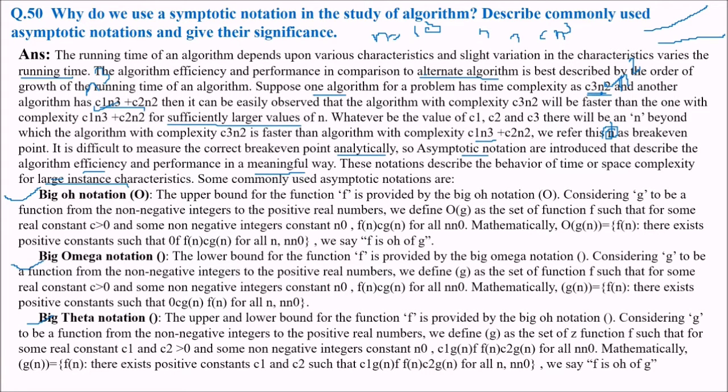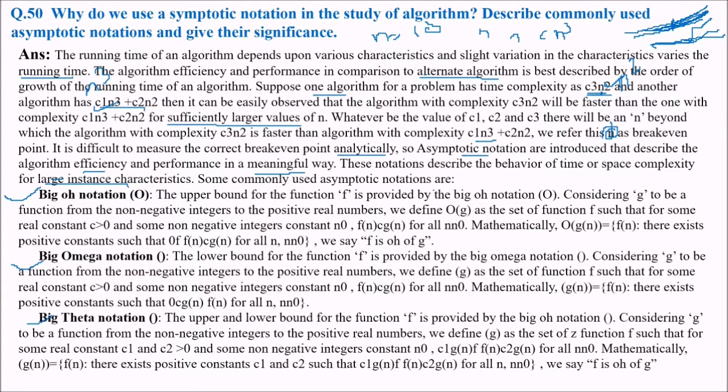The upper bound of a function f is provided by the big O notation. That means if this is your function, the upper bound means this function will always be on the upper side. Your function will never cross this function. So we call this the upper bound of your function.